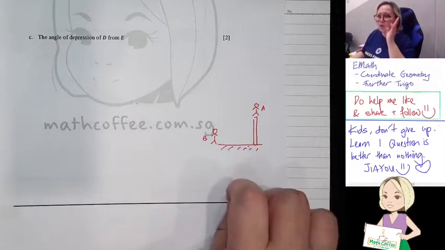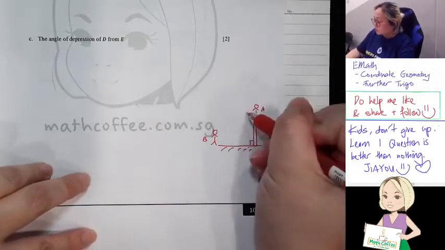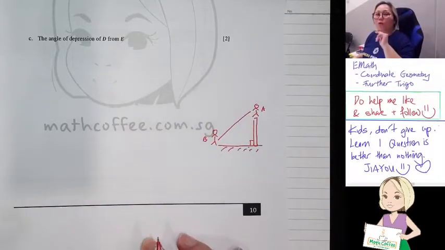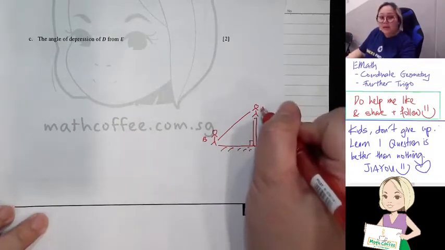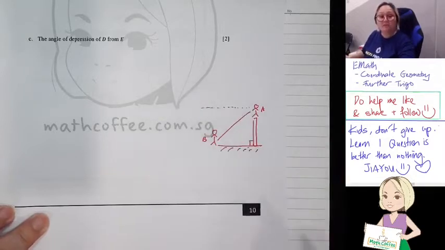You need to know about this elevation and depression thing. So I'm going to draw a line. When we talk about angle of depression, it means that you are looking downwards. It is eye level and then looking downwards. So for person A, I draw a horizontal line.